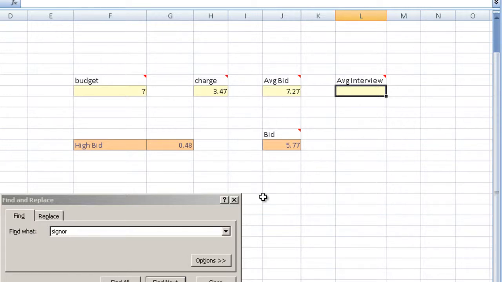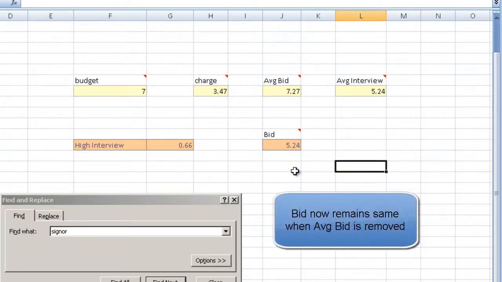Let's say that the client is going to be interviewing at $5.24 per hour. And it'll make the adjustment, because since the interview amount is the most important factor, it'll take that information and make a calculation based on that instead, and it'll ignore the average bid.